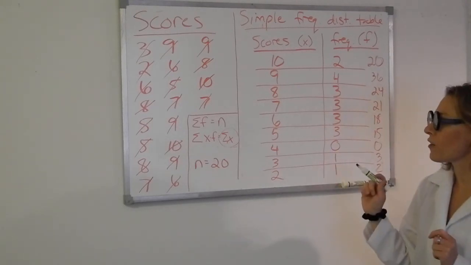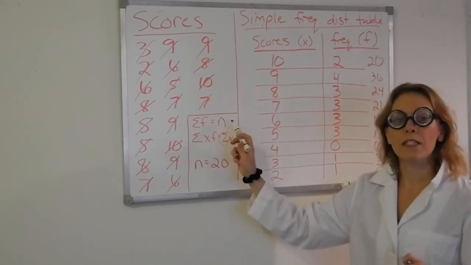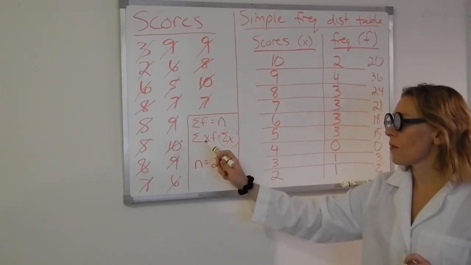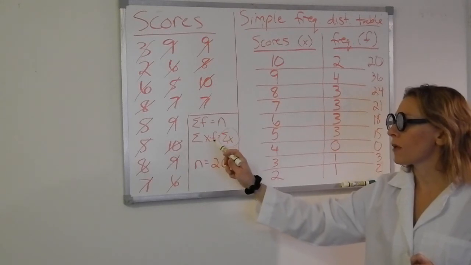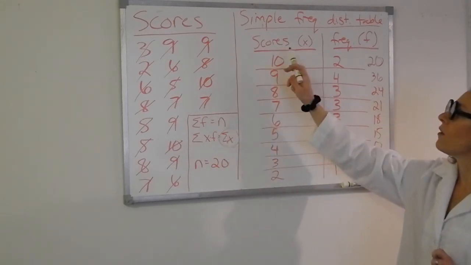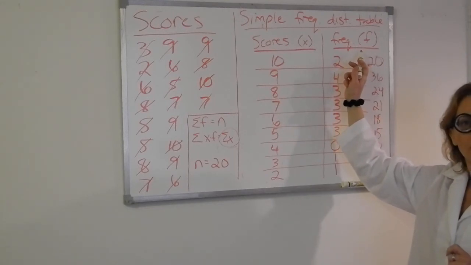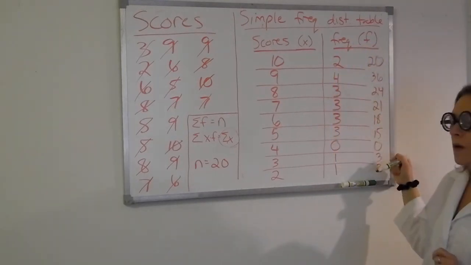So hopefully that clarifies the sum of the frequencies equals n. N is the number of scores, and the sum of x is calculated by multiplying x times f, or the value of the score, times the number of times it occurs in the frequency, and adding those values up.